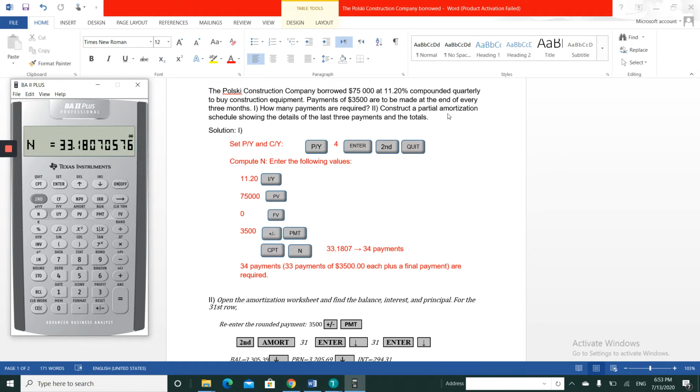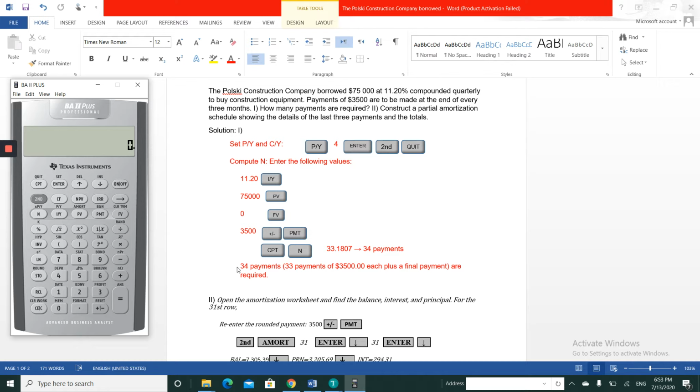Then we need to construct a partial amortization schedule showing the details of the last 3 payments and the totals. So we need to open the amortization worksheet, and by using that we can find the balance, interest and principal for the last 3 payments.